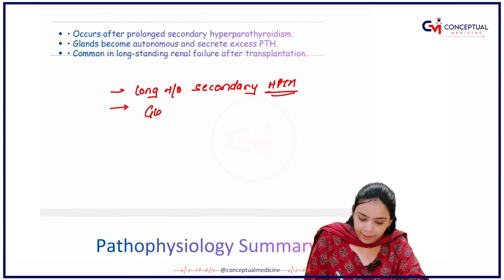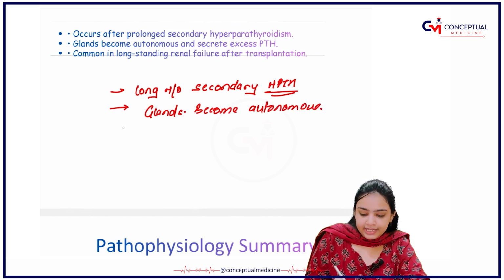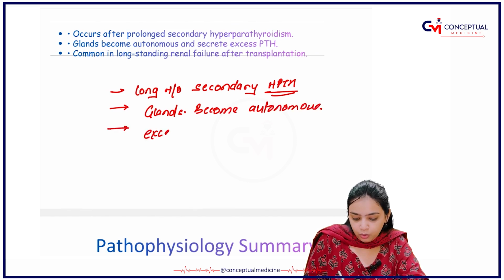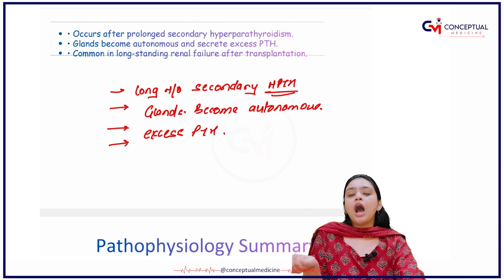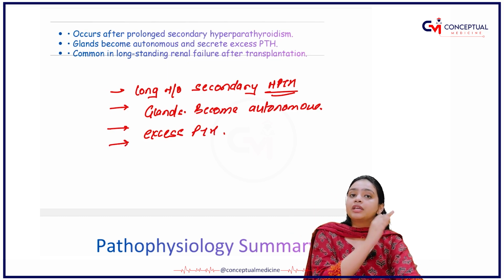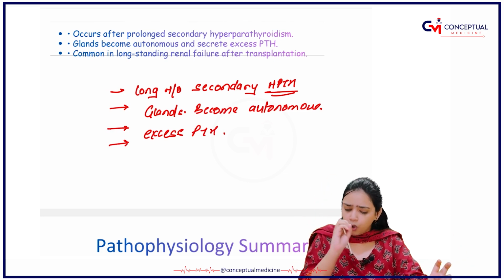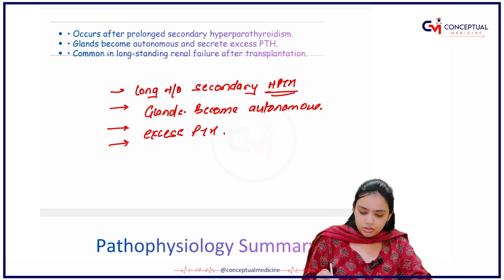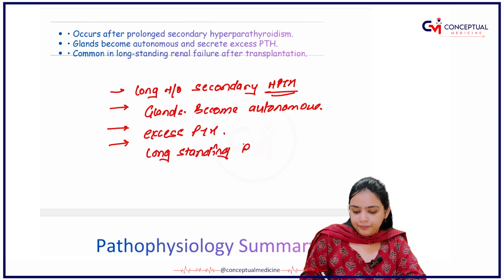Here the glands become autonomous and secrete excess amounts of parathyroid hormone, which is common in patients who have renal failure or any long-standing disease, mainly long-standing renal failure.